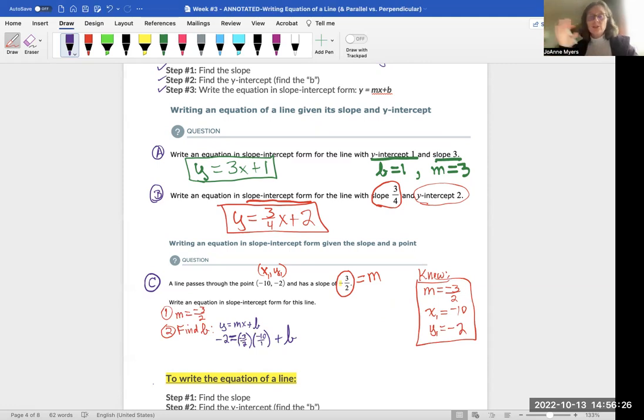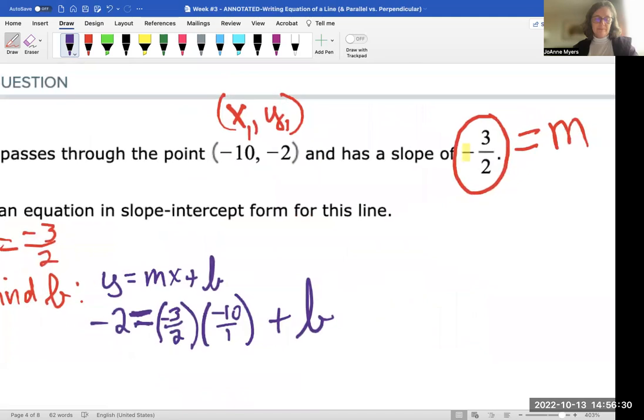Multiplying fraction to fraction, you just multiply across. So I have negative 2. Negative 3 times negative 10 is 30. 30 divided by 2 is 15. Now I have negative 2 plus 15 is the same thing as b.